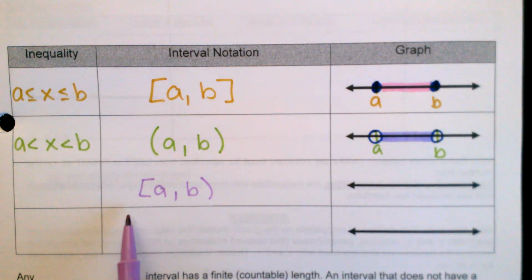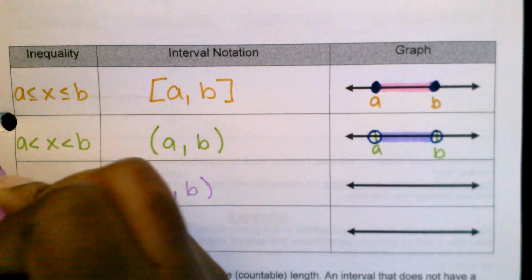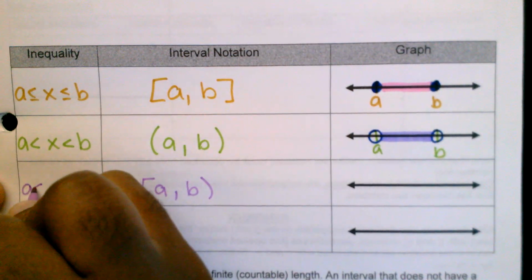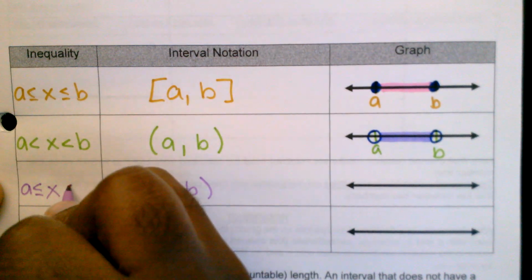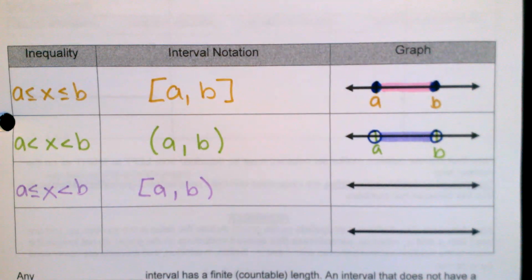So the open bracket means that I have A less than or equal to X less than B. So one of my inequalities has a line underneath. The other one does not. Remember, order matters. Okay?